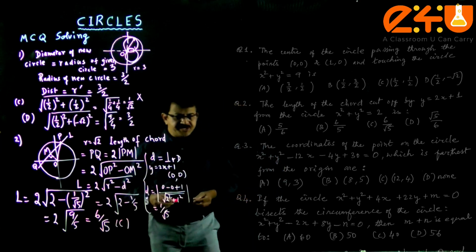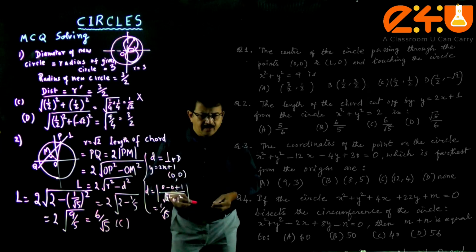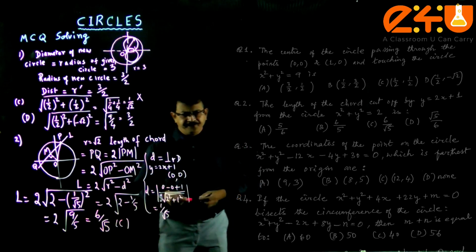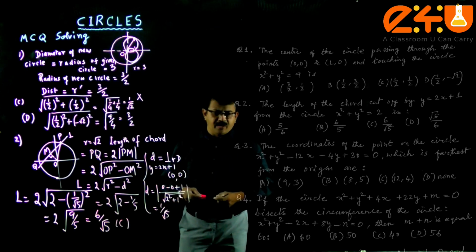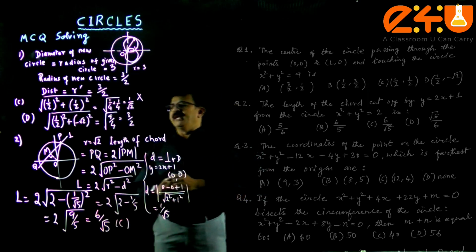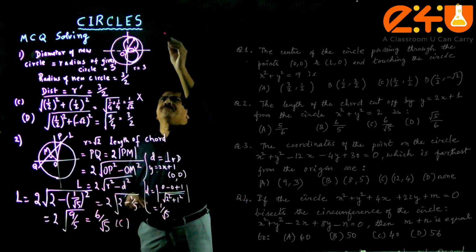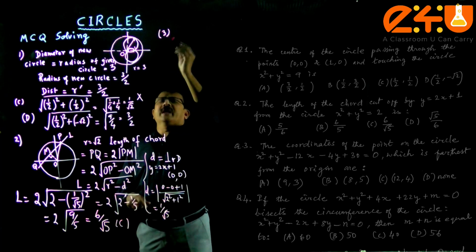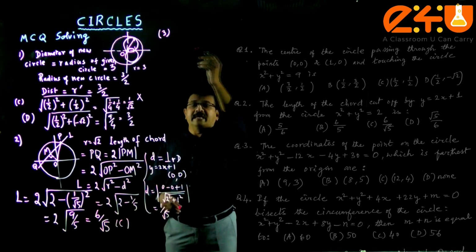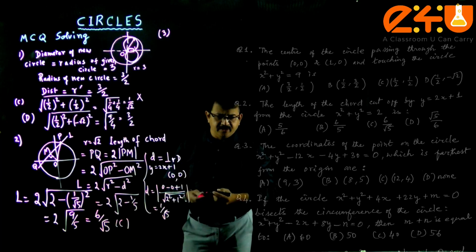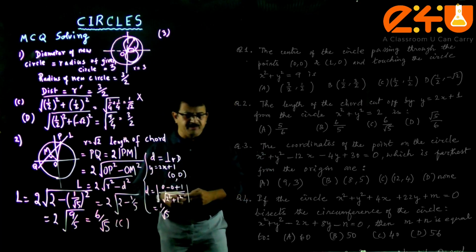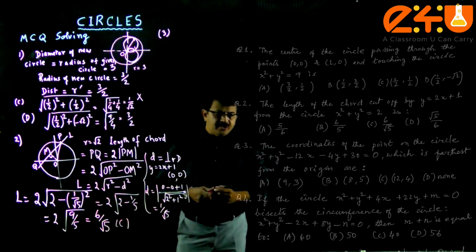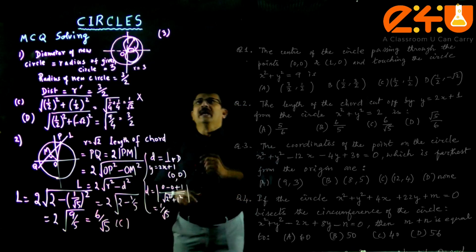The coordinates of the point on the circle which is farthest from the origin. Well, the equation of the circle is given. I am not going to write the entire equation of the circle. You can see it is x squared plus y squared minus 12x minus 4y plus 30 equal to 0.